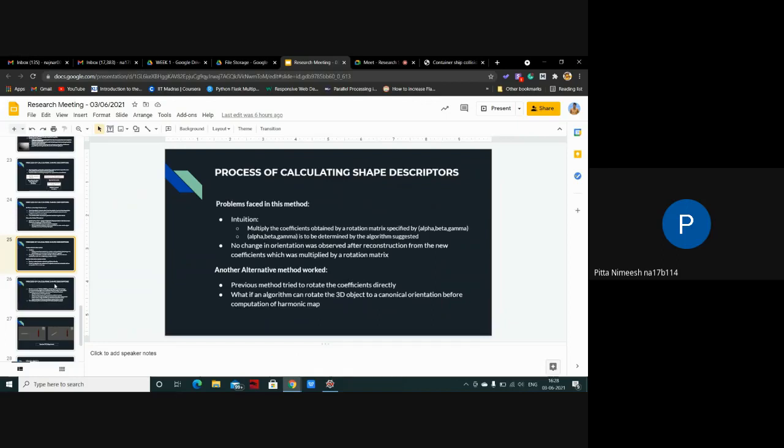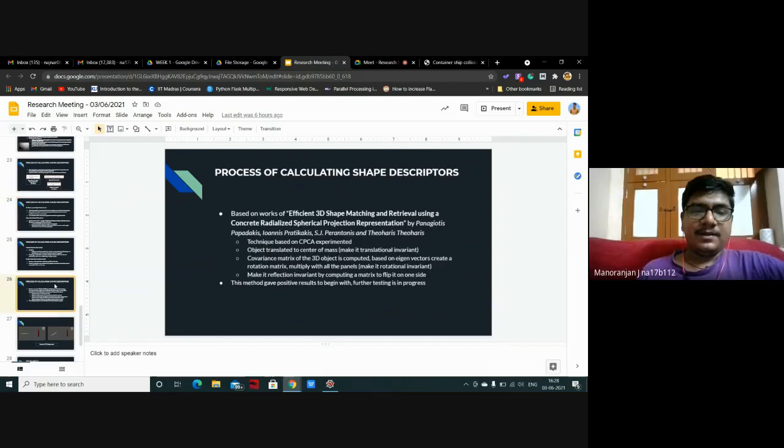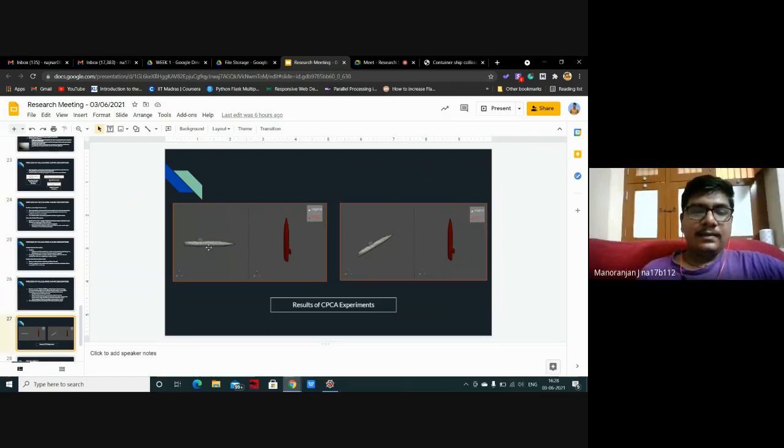So the main idea here is you have to find the orientation first of all. Yes, we have to find the orientation. In that paper, what we are seeing here would have been done in some other way, indirectly, which considers the shape. But in CPCA, we are directly considering the shape of the object and determining this orientation.